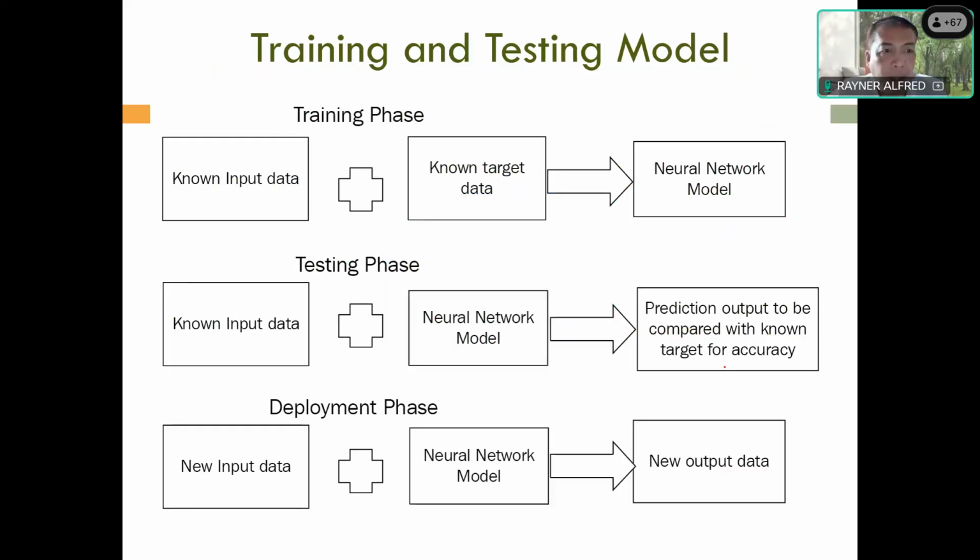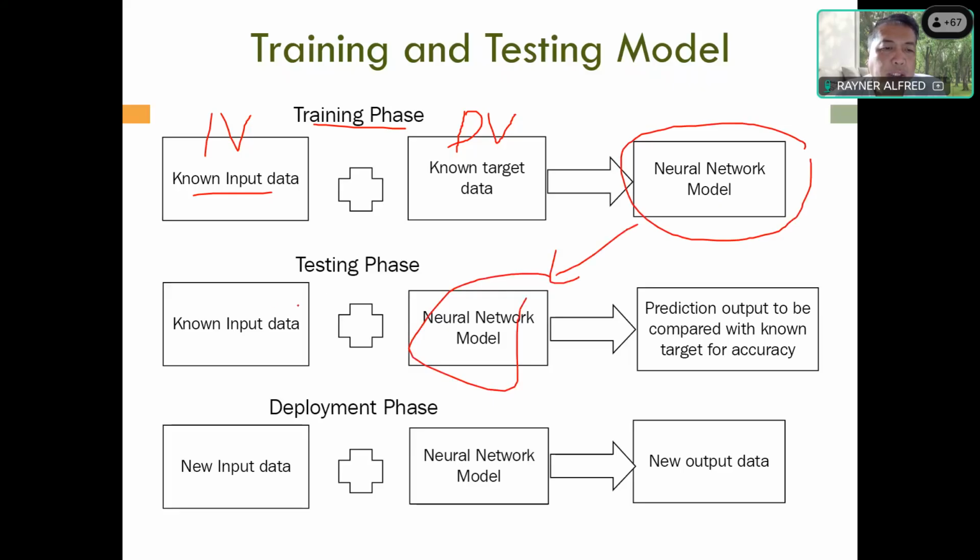Okay. In trying to model your data, basically you have a training and testing model. In the training phase, you have the input, which is your independent variable, and the target data, which is your dependent variable. Once you train the model, for example this neural network, you use it with the test data that you have, and then you will have the output here.